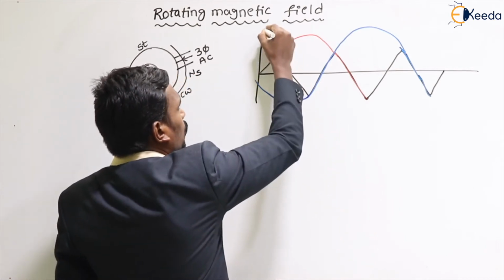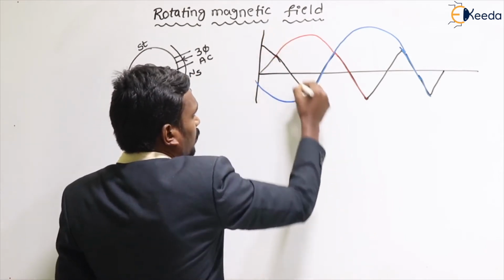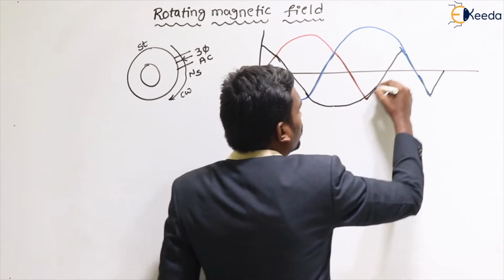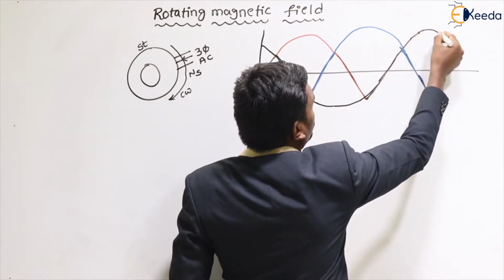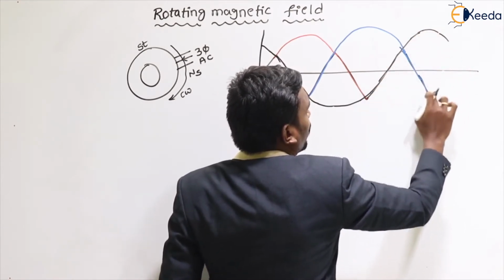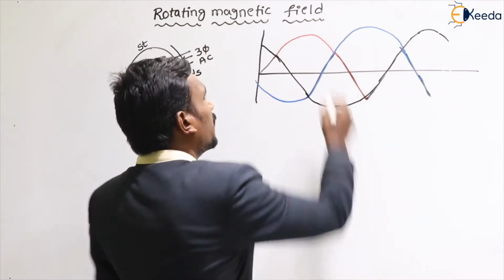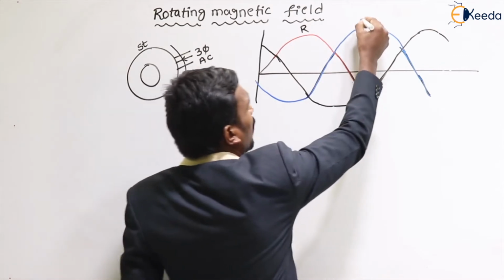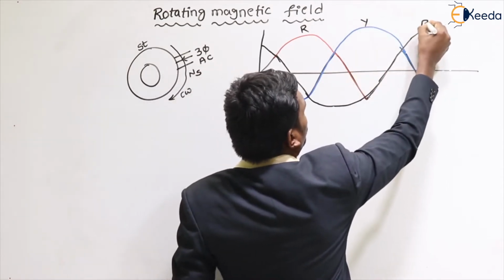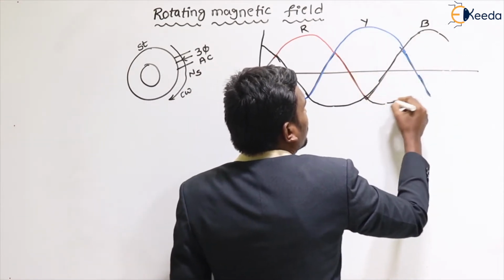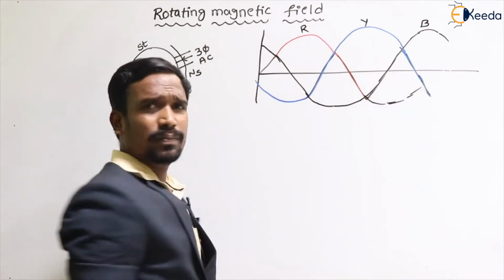So for example, this is my B phase, like this. These are my three phases: this is R phase, this is Y phase, and this is B phase. A three-phase AC supply given to a machine.